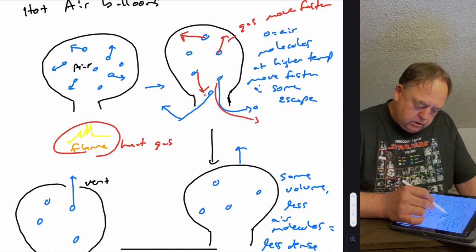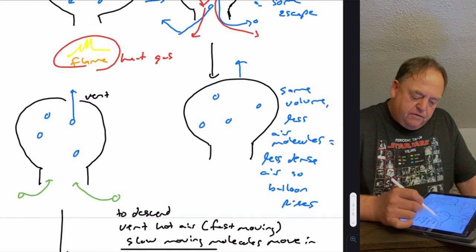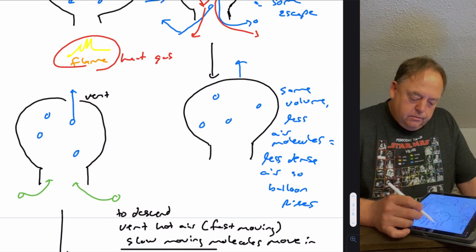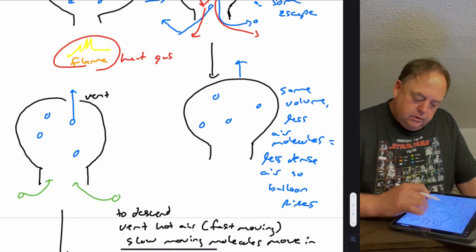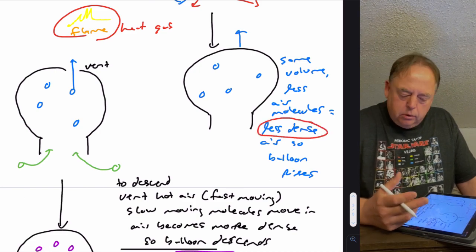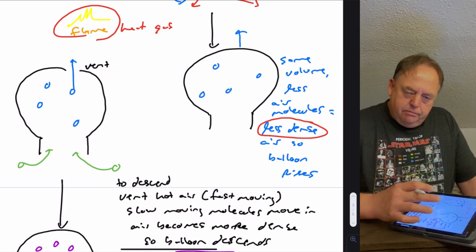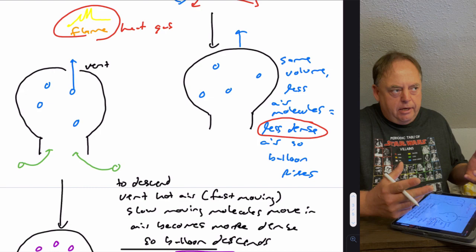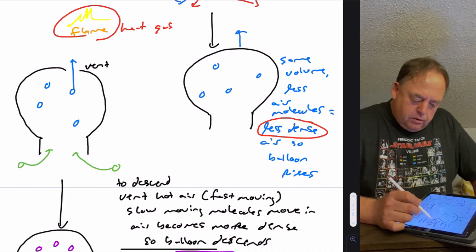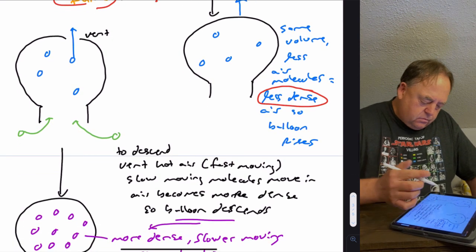So now you have fewer gas molecules inside the balloon. Same volume, but fewer air molecules, so the density of the air inside the balloon goes down. If density goes down, then it becomes lighter, so to speak, and it's going to rise. The less dense air will rise, causing the balloon to rise.